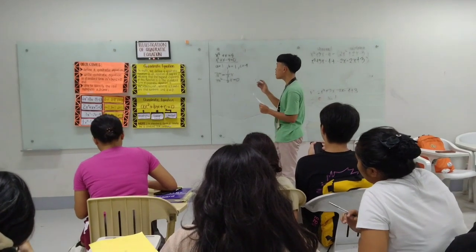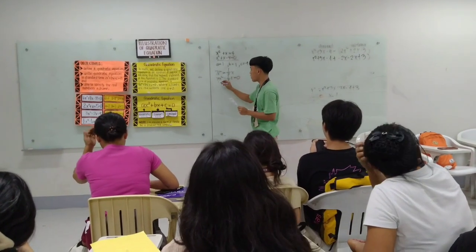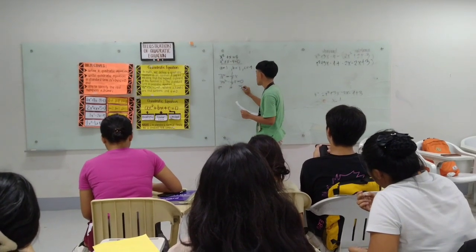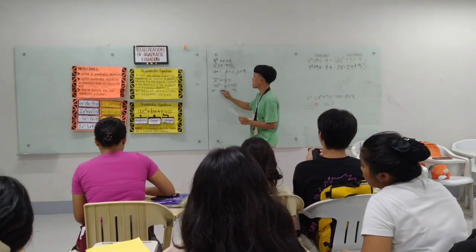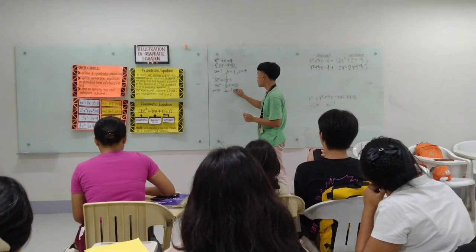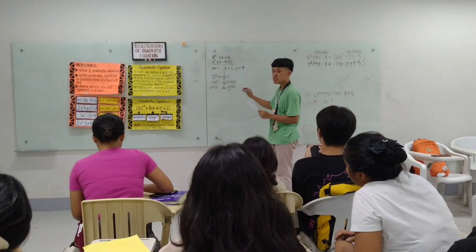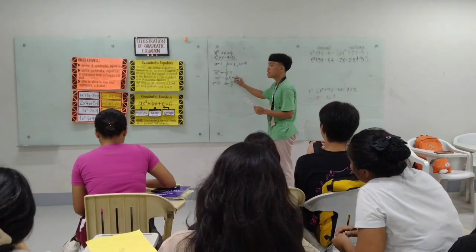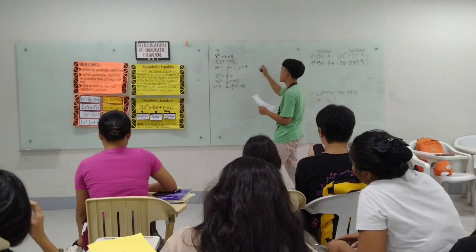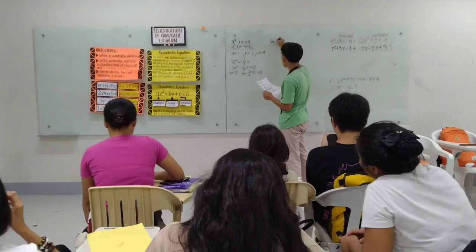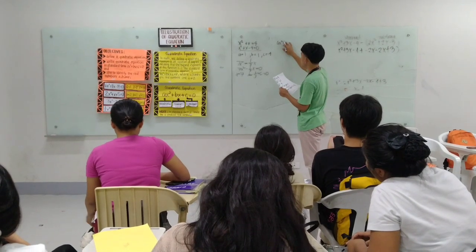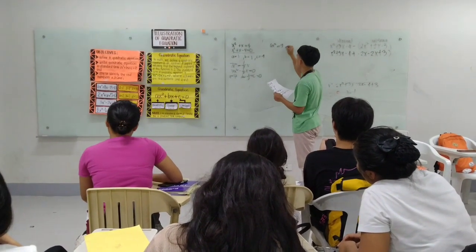So now we have a standard form. We can now identify the terms. So our A here is 7, and our B is negative 1/3, and our C, since we don't have C, it is going to be 0. So another is 6x squared is equal to 9.